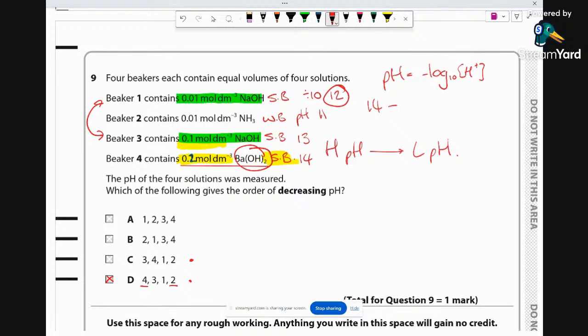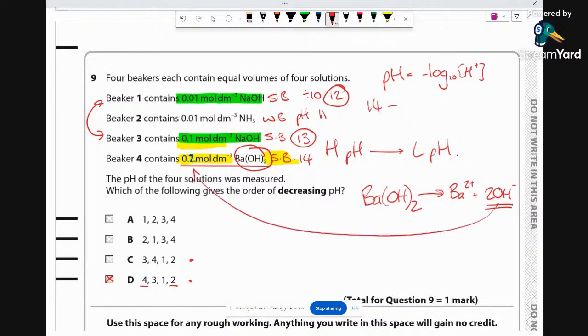Then we can do the other sodium hydroxide. So this is now minus log to the base 10 of 0.1. That's going to give me 1. 14 minus answer gives me 13. That is actually correct. The barium hydroxide is double the OH minuses. Just to explain that a little bit further, barium hydroxide is dibasic. When it dissolves in water, I'm going to form one barium ion, but double the number of OH minuses, which means the concentration doubles.